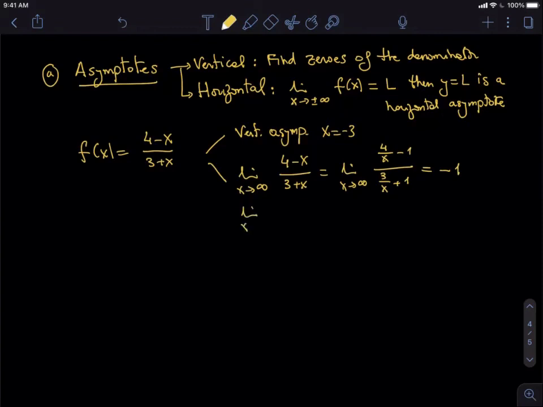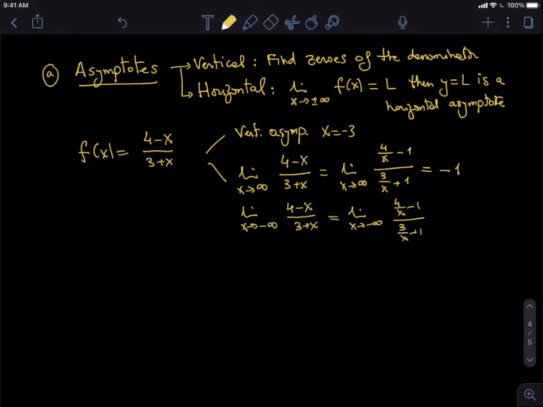And the limit as x tends to negative infinity, well, this is the same: (4 over x minus 1) divided by (3 over x plus 1).